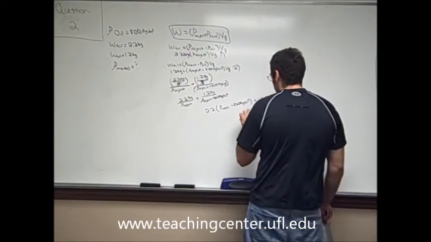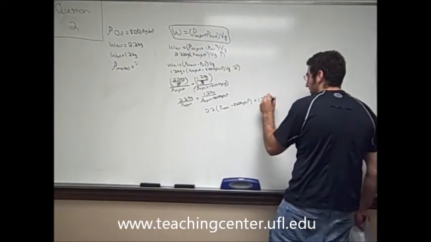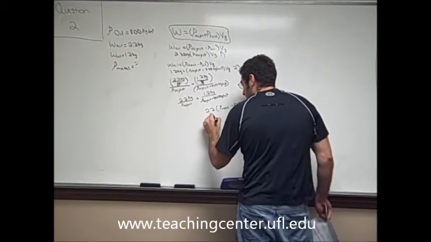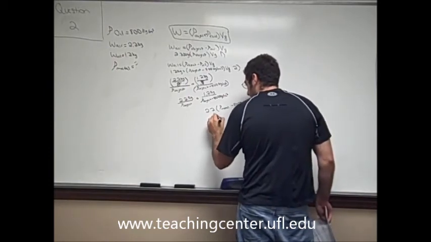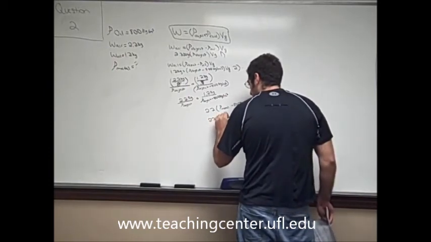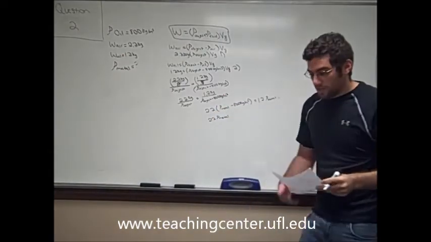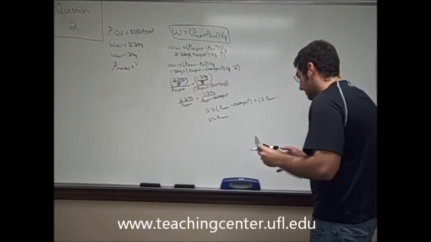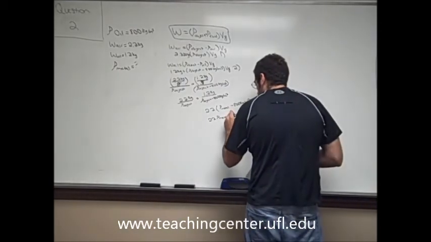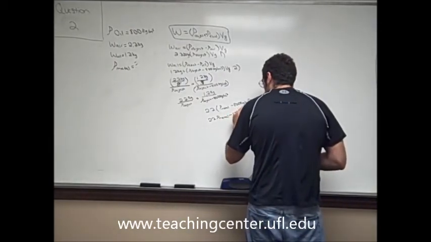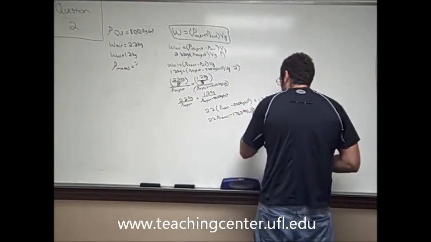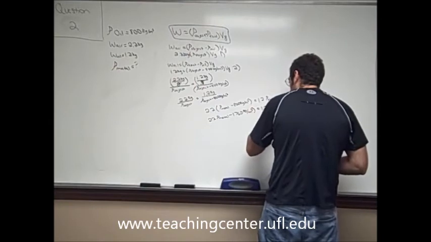Here we have, we'll call it the metal just to be consistent, 2.2 times the density of the metal minus 2.2 times 800, which is 1,760, so minus 1,760 kilograms per cubic meter equals 1.2 times the density of the metal.